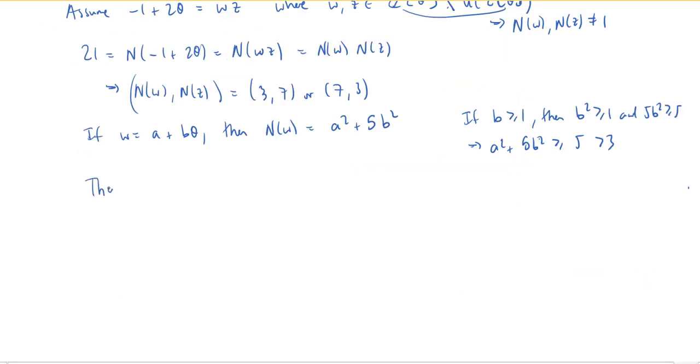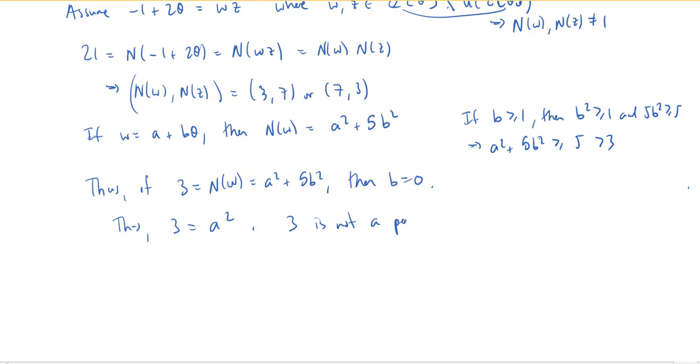Thus, if 3 is equal to n of W, which is A squared plus 5B squared, then B equals 0. But that tells you that 3 is equal to A squared, which is not possible. 3 is not a perfect square. Thus, n of W does not equal 3.